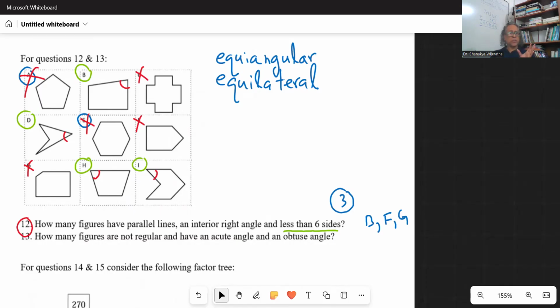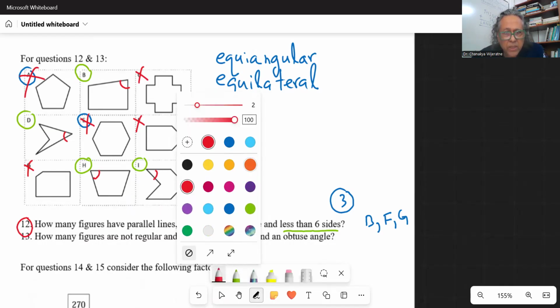What is the last condition? Obtuse angle, one between 90 and 180. Bigger than a right angle and less than a straight angle. Right, obtuse. Let's check. Let's use a different color, otherwise I'm going to make a mistake.